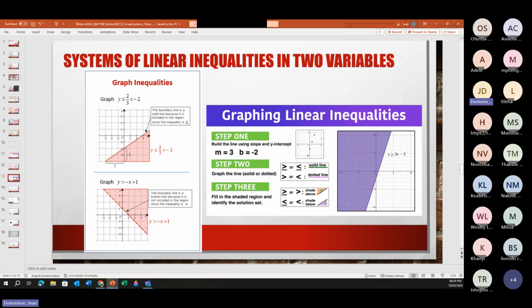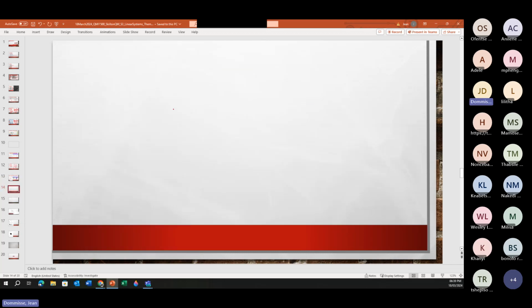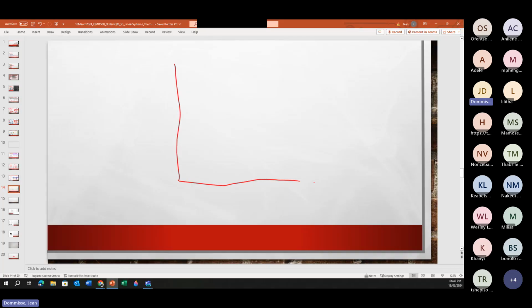So what we will normally do is we will get a picture like that, where we might get one graph, we might get another graph, and there might be another graph in there.